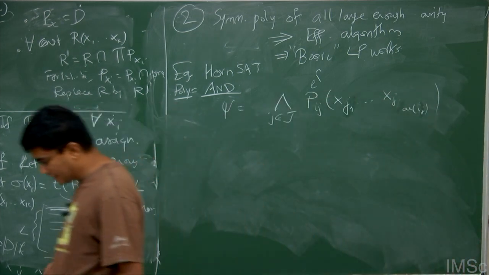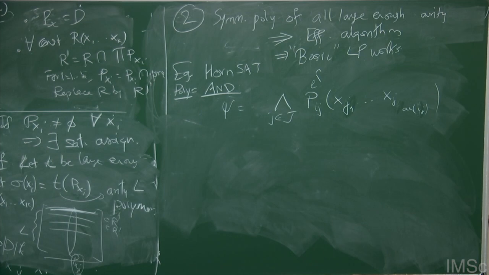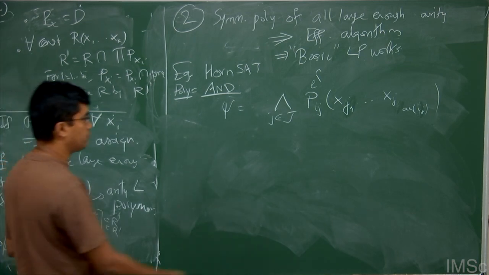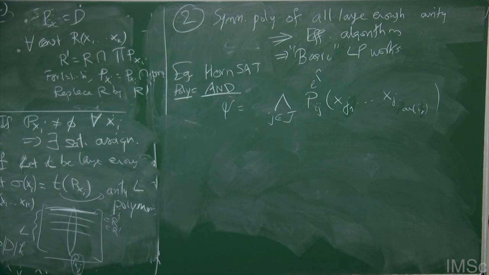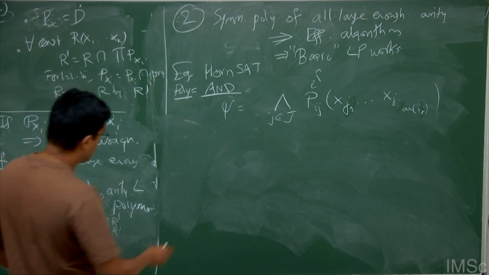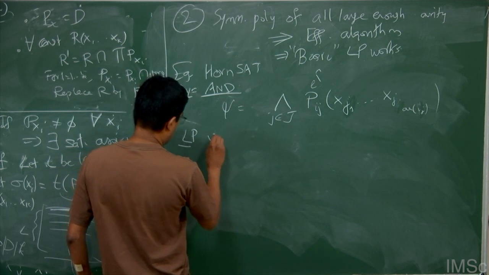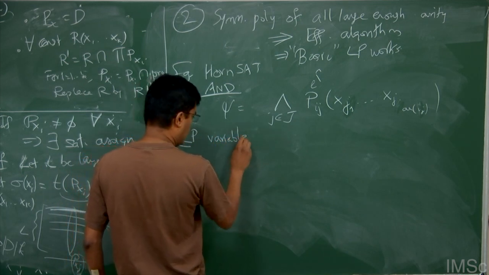So you have some variables, and for each tuple of variables you have some constraints. Each constraint should be from your template gamma. So what will a natural LP be? And again, I'll do it for general domain.